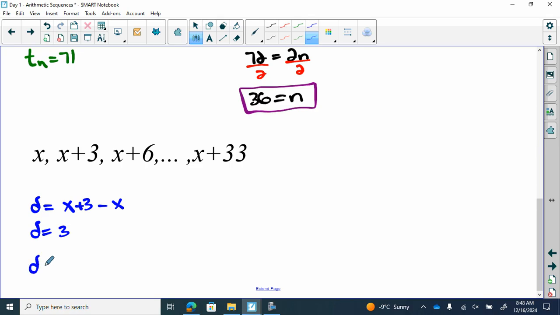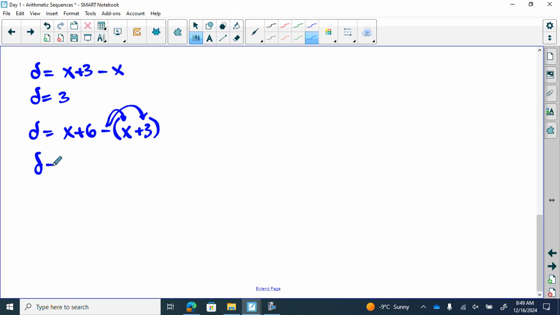If I did term 3, x plus 6, and I subtract term 2, x plus 3, I would distribute this negative over both terms. Group my like terms, and what do I get? 3 again. So it does have a common difference of 3.